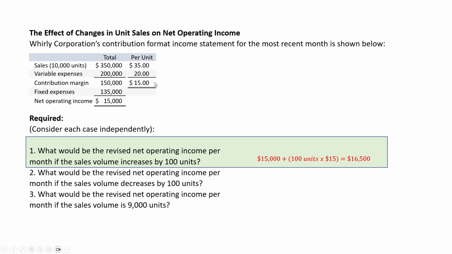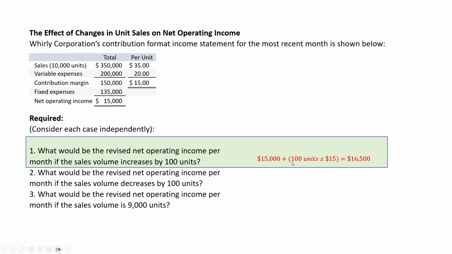That means every single unit sold contributes $15 first to hopefully cover our fixed expenses, next to hopefully earn net operating income. So no matter if sales are going up or down, it's going to increment by $15 per unit of contribution margin, either being added to net operating income or subtracted.